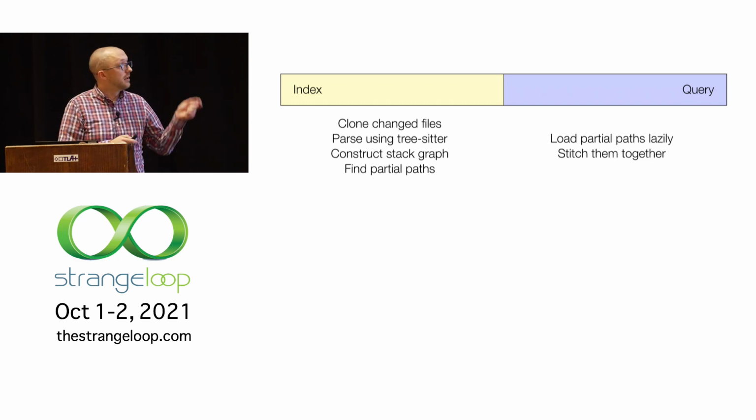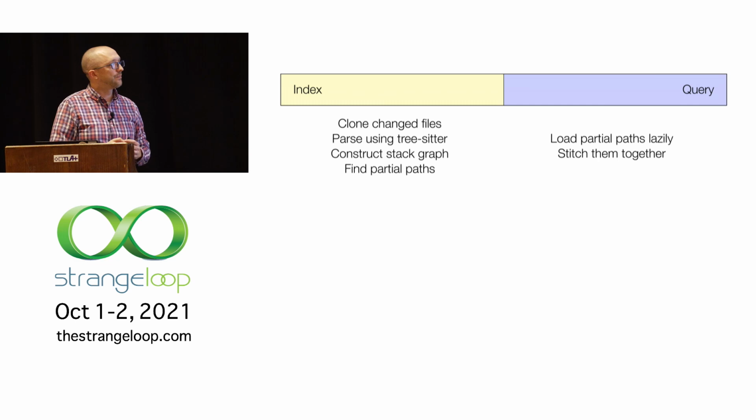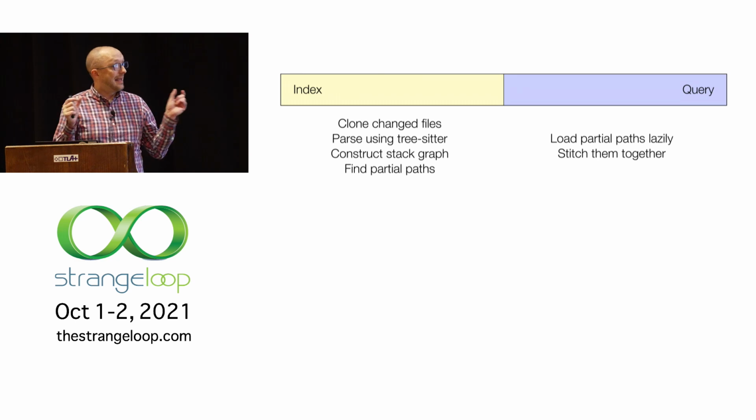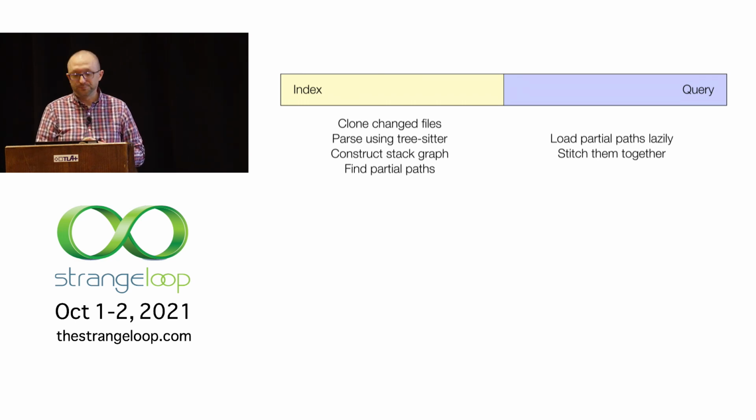We have a stack graph. We can run our partial path finding algorithm to get a list of the partial paths for that file, and we can stash them away in a database. Then at query time, we can see the reference that the user is clicking on and load in from that database the partial paths that we might need to satisfy that lookup and stitch them together using that concatenation operation that I showed you.